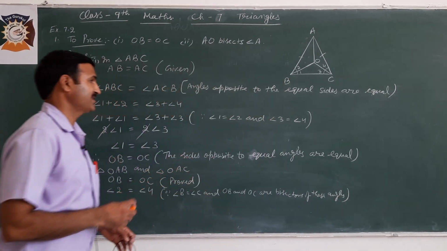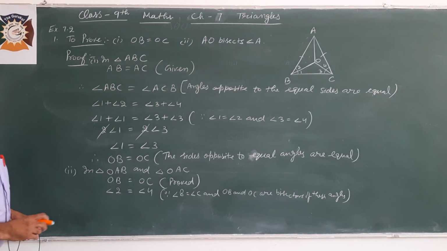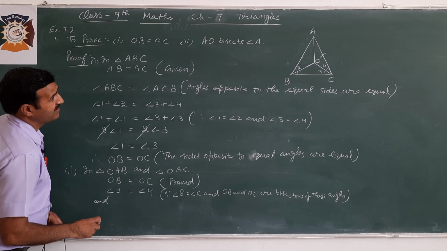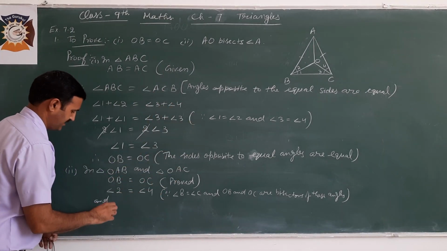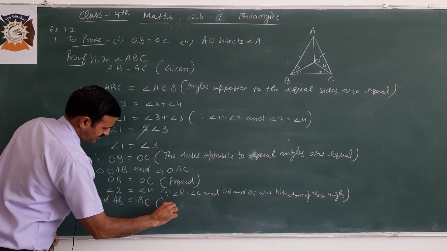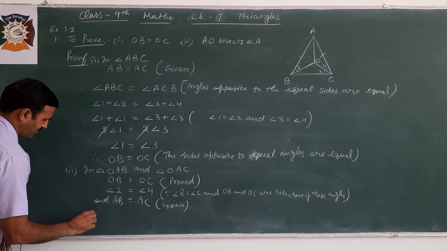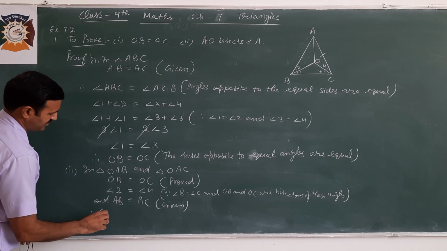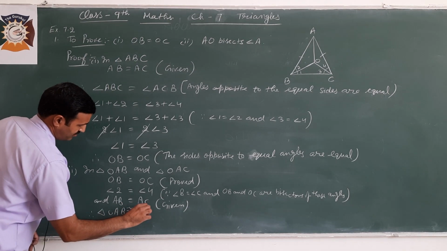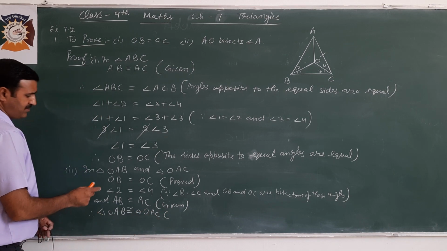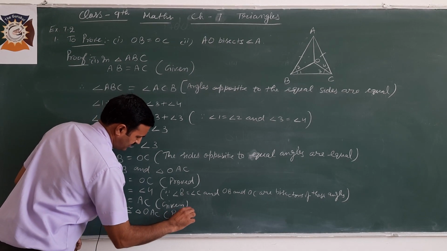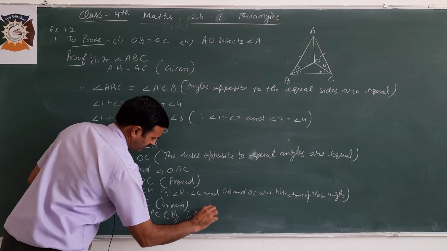So angle 2 is equal to angle 4. And the last part, third, AB is equal to AC. This is given. Therefore triangle OAB is congruent to triangle OAC by which rule? Side angle side rule, by SAS rule.